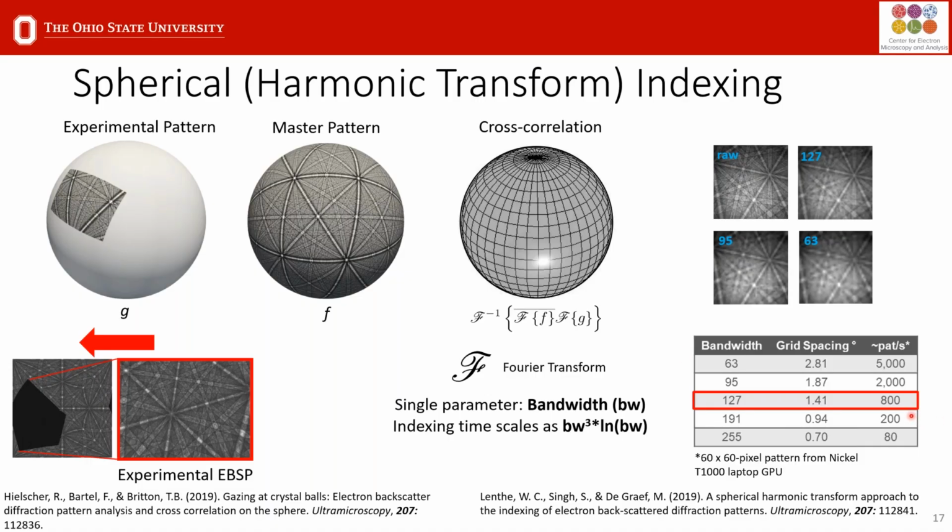For all the experimental scans that I will show in this presentation, it was done at a bandwidth of 127, and we got indexing speeds ranging from about 400 to about 600 for the patterns that we analyzed.